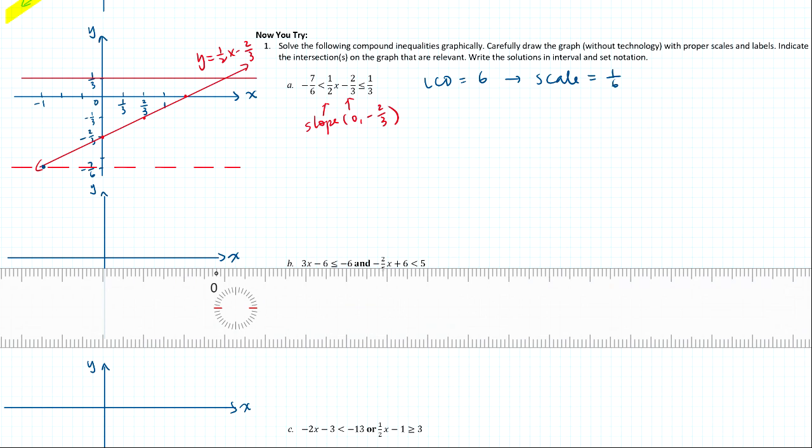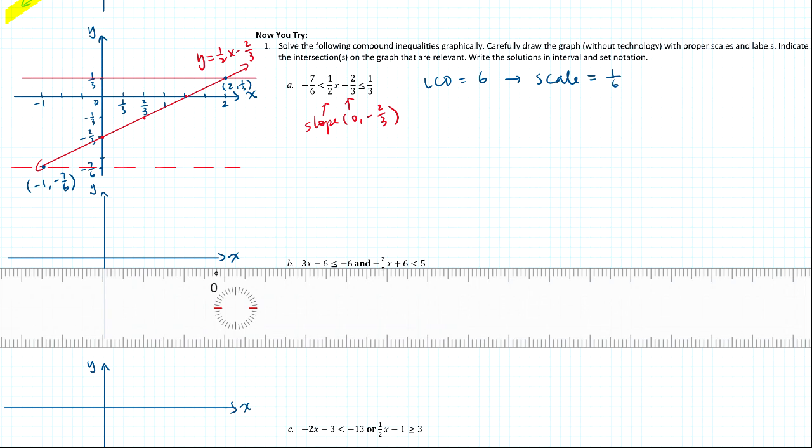The intersection for the dotted line is right over here, so the x-coordinate is negative 1 and the y-coordinate is negative 7/6, because that's our restriction. On the positive part, the other restriction gives us the x-coordinate over here, so we might need to count a little. We have exactly 2 as the x-coordinate and 1/3 as the y-coordinate.